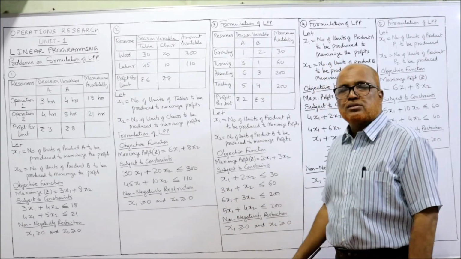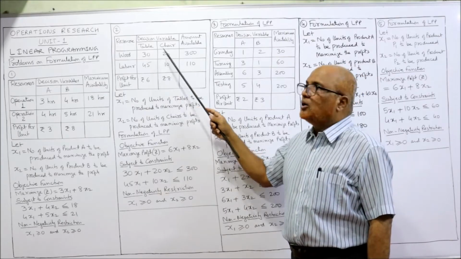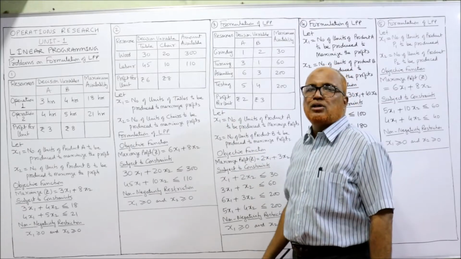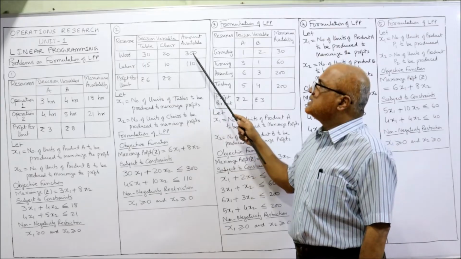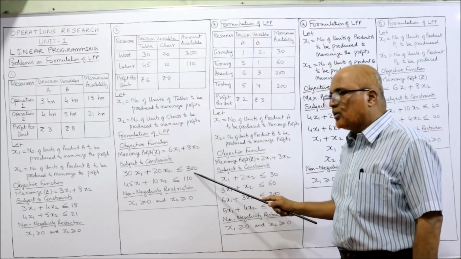Subject to constraints. Now wood. 30 square feet per table, 20 square feet per chair, maximum is 300. So we can write 30x1 plus 20x2 less than or equal to 300.